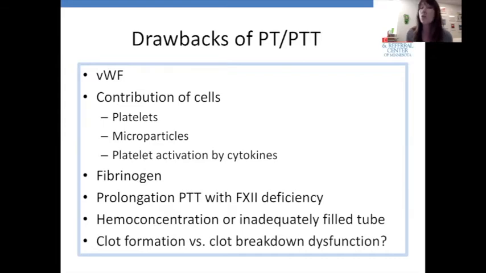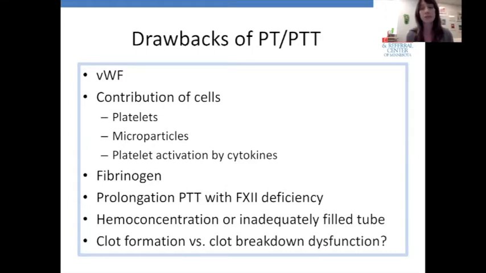PT, PTT also doesn't evaluate the contribution of cells at all. So there is a contribution, obviously, of platelets and these little circulating cell pieces called microparticles. And it also doesn't help evaluate or assess for platelet activation by various cytokines in the body either. So essentially, it's great to know what platelet numbers are.